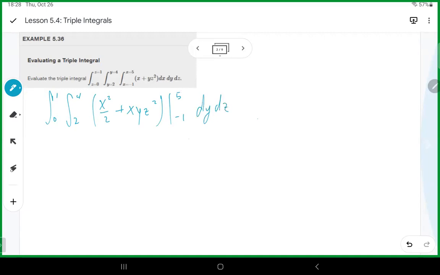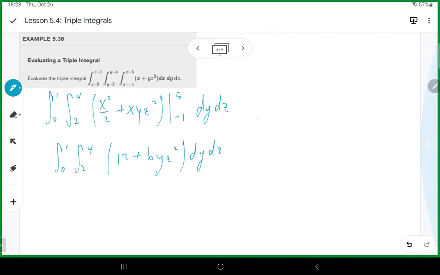And then you plug in and evaluate. Then you're going to end up with 0 to 1, 2 to 4, and a 12 plus 6 y z squared dy dz.